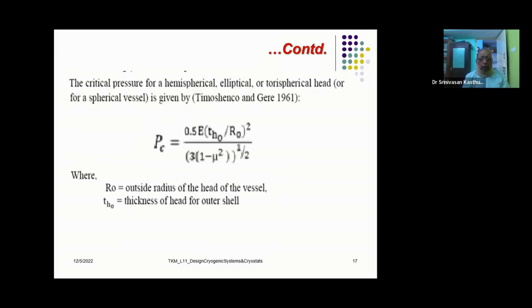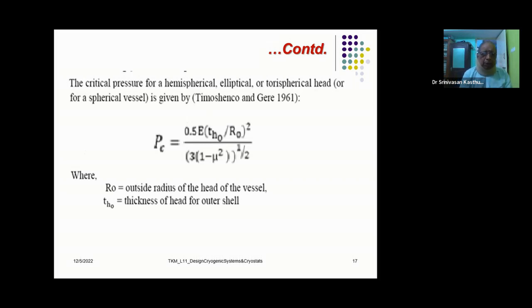Okay. Now the critical pressure also for hemispherical, elliptical, and torispherical heads. These are different geometrical shapes of the end. Even for a spherical vessel, it is given by another formula.